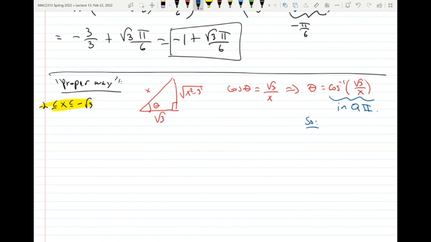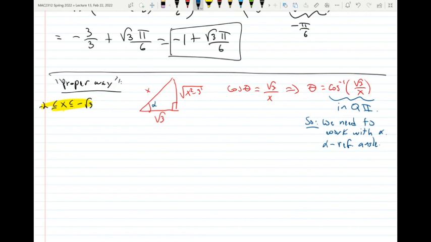So in this case, we need to work with alpha instead. In other words, here alpha is the reference angle. That's okay, I'm still going to be using my theta, but I have to come back here and put alpha.